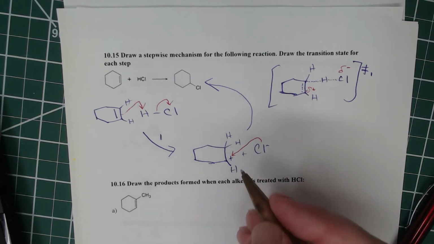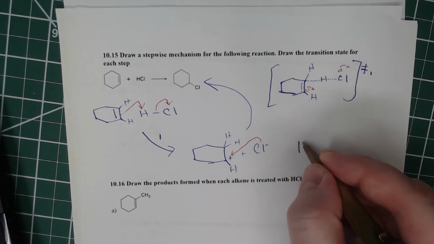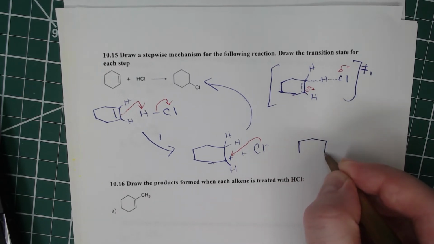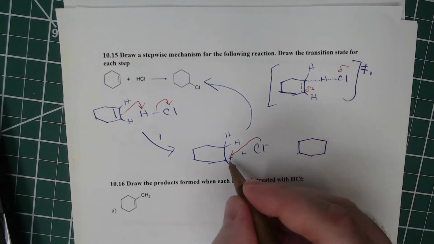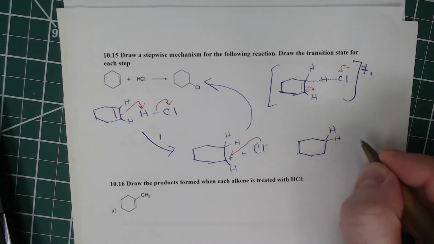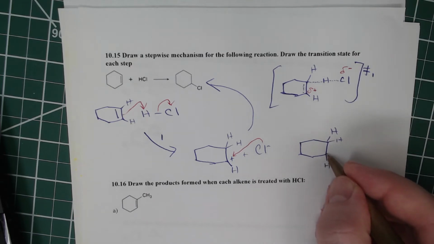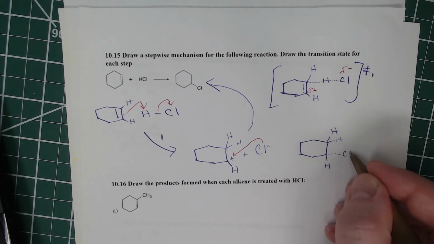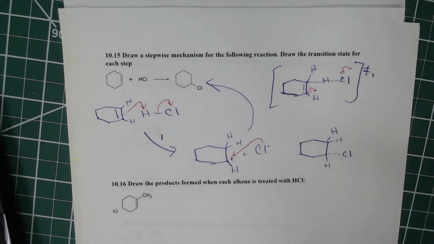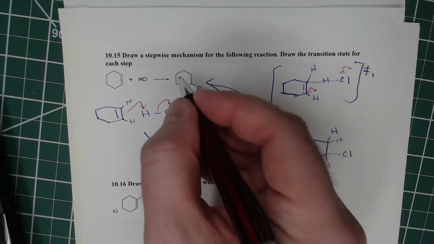Step 2, we're just forming this bond. So this is a fairly easy thing to draw. So just draw the molecule, the product, without that bond. So again, I'm going to go ahead and put the hydrogens in, although they are unnecessary. They're implied. And then we're going to have a partial bond between carbon and the halogen. And then the last thing we need to do is we've got a positive here, no charge there.